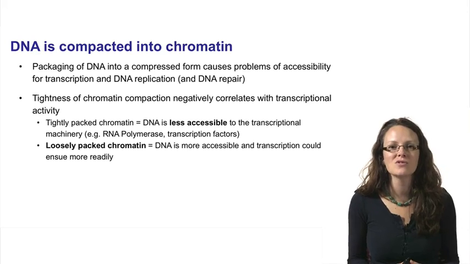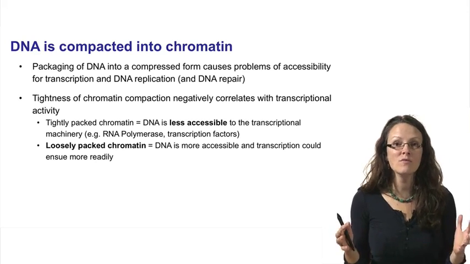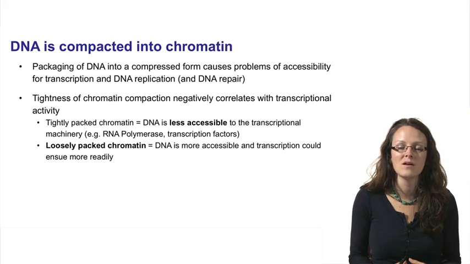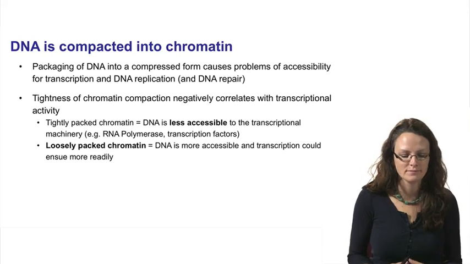And the reverse is also true. If it's loosely packaged and quite open, then of course the RNA polymerase and the transcription factors are much more likely to be able to get in and access those bases that they need to read. And so it's more likely to be active.